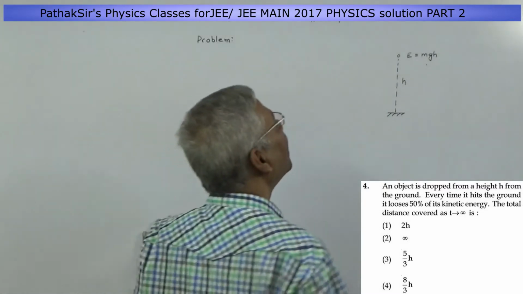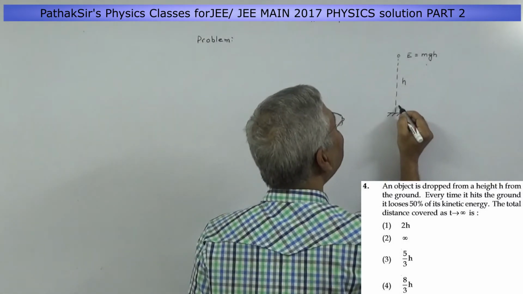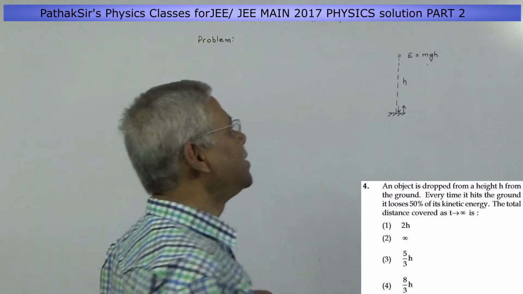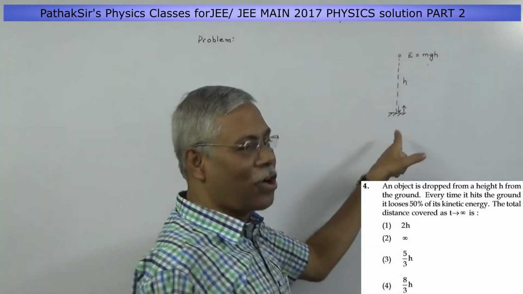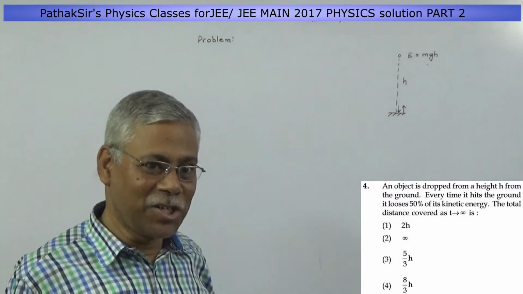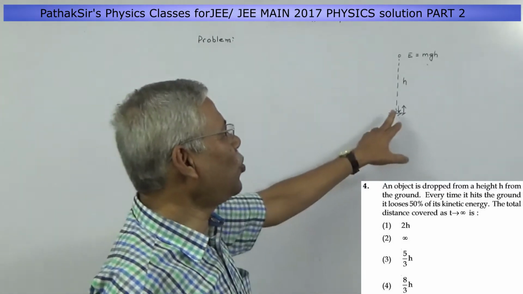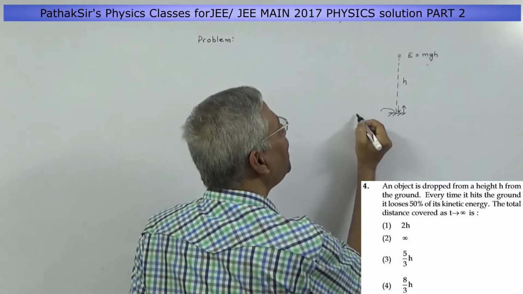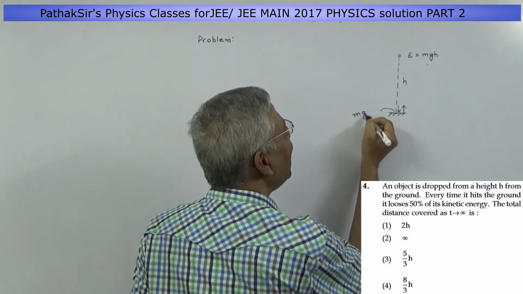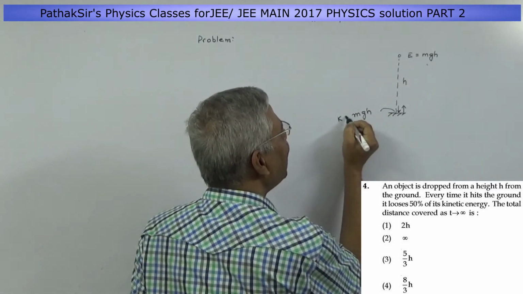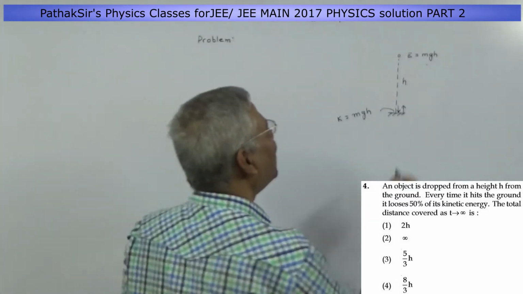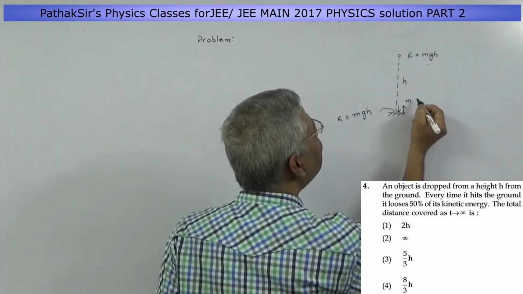This mgh energy will convert into kinetic energy. So just before the first collision the energy is mgh, and this energy is in kinetic energy form.